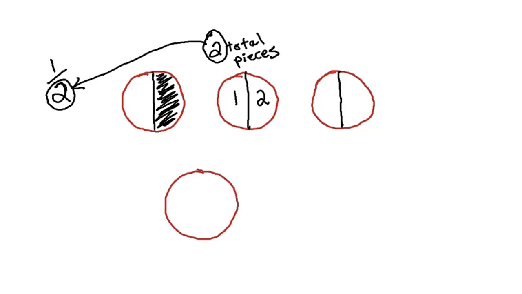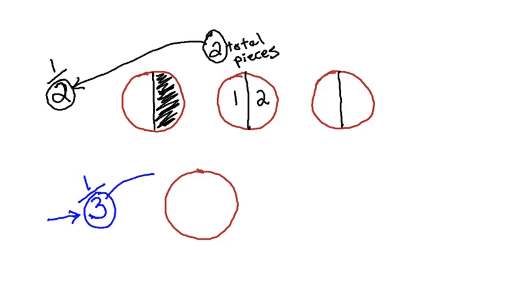Here's another pizza, and this time we want 1/3 of the pizza. So how are we going to divide that into thirds? Well, if you look at the bottom number on the fraction, that number is 3.